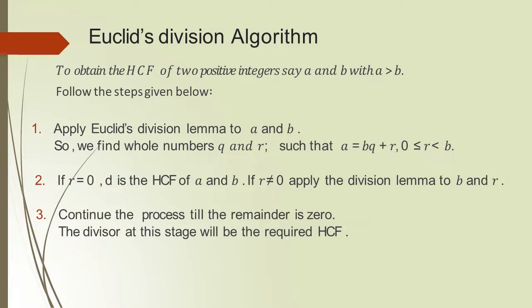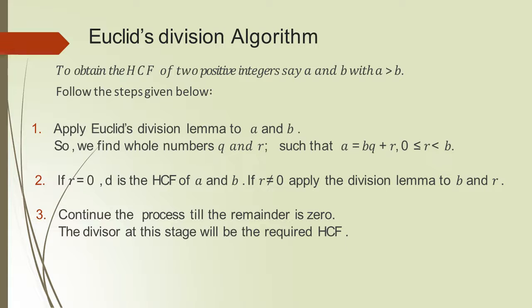We first identify the larger of the two numbers between a and b. And then we use the lemma. Again, the statement for the lemma, that is a is equal to bq plus r. So the larger number we keep on the left hand side of the statement, and we divide it by the smaller number, and we get some remainder and some quotient, and we start solving it with that.